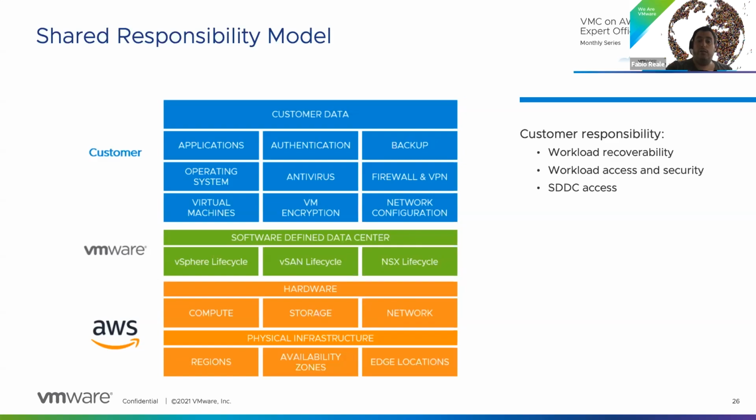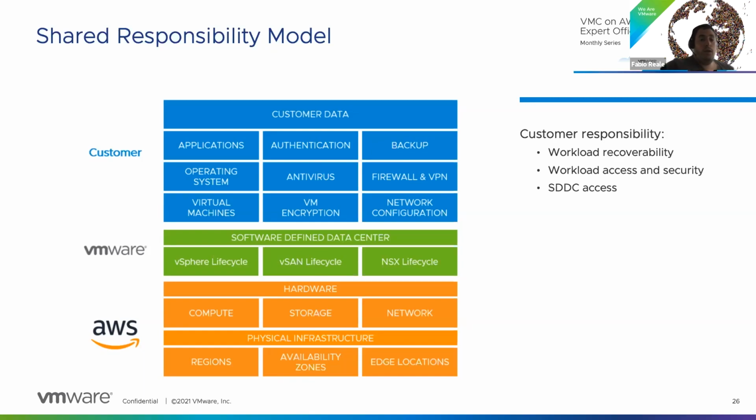So you need to take care of your own data, like what you're doing on your on-prem side, using a backup solution, taking the data out to a different place and ensuring that you can restore everything from your own backup solution. Then you need to take care of antivirus, firewalling. Asaf has just shared with us a lot of good information related to the firewalling. You need to take care of the authentication and everything else.